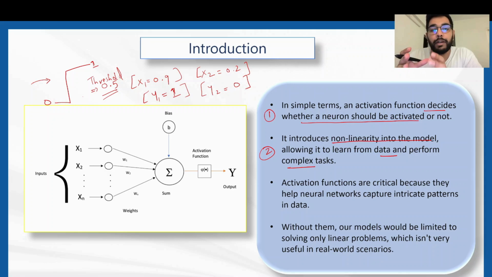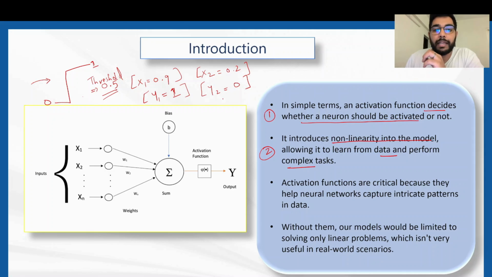If we assume that for this particular neural network, the step function is the activation function we are using, then for an input greater than the 0.5 threshold, x1 as 0.9, we get an output of 1, which means that the neuron will get fired or activated, meaning the output of this neuron will get passed to the subsequent neuron in the overall deep neural network.